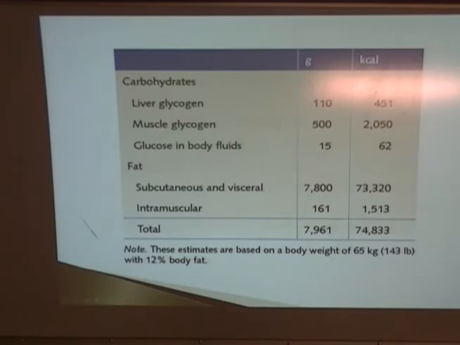Now, again, thinking about this person being quite lean, all right? We have nearly 73,500 kilocalories stored in fat cells under our skin and around our trunk. And about 1,500 kilocalories stored within the muscle tissue.